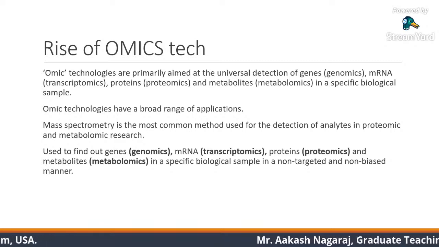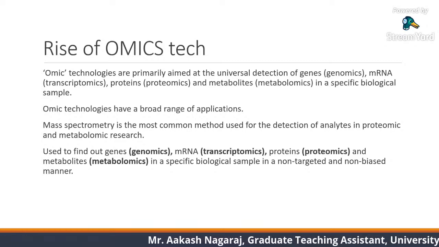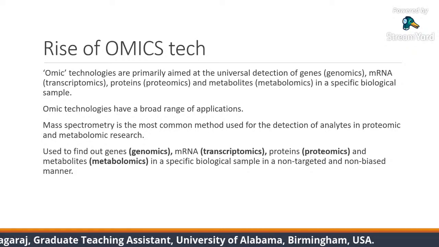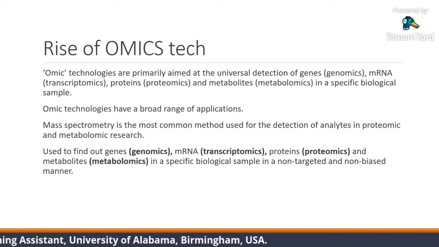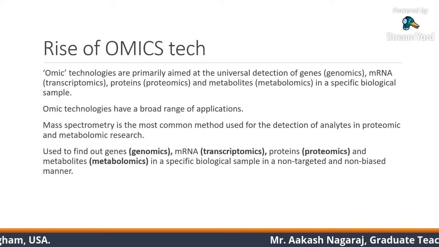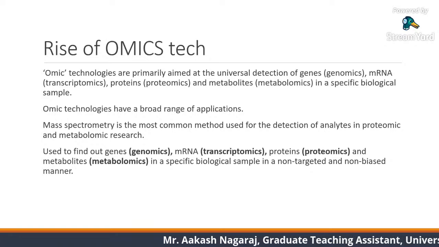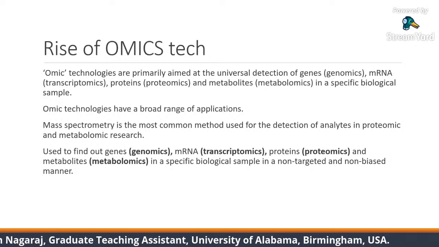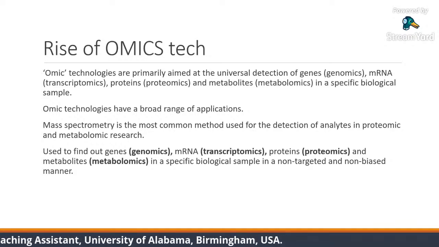Now I'll talk about omics technology. This is derived from the word genomics, so genom-, and then omics. This is based on sequencing, and we can sequence not just the DNA in the cell, but certain other things too, which play an important role.